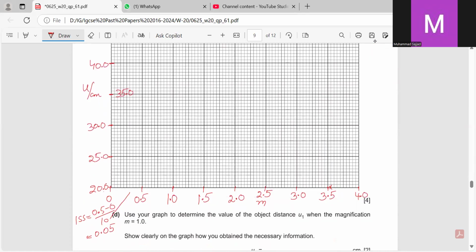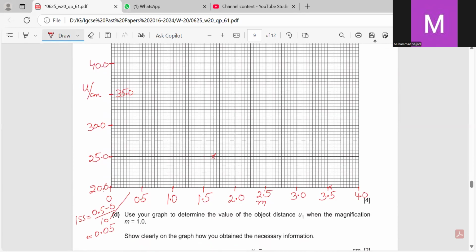For 25, this is 1.5, this is 1.6, so two boxes equal 0.1 here. So this is 1.6, this is 1.65, so a little bit after this, 1.66, so it should be exactly here.